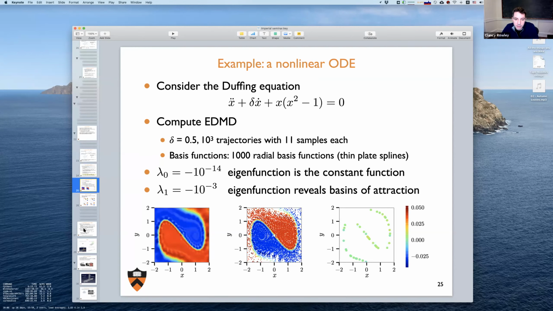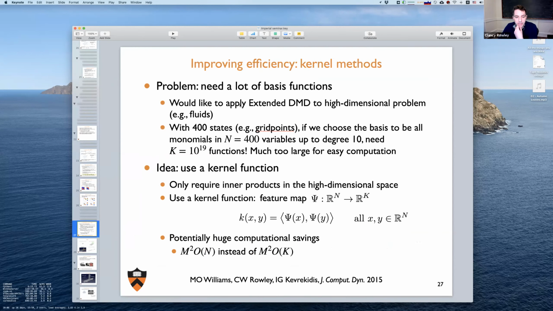In fact, with these kernel methods that I showed, this is another way to introduce monomials in these different variables efficiently. But of course, if you have a really high dimensional space you're working in, like this 10 to the 19 functions, you're going to overfit your data. You don't have that much data. You have many more parameters in your model than you have data points. You're going to fit all the noise in your data and not get a meaningful model.